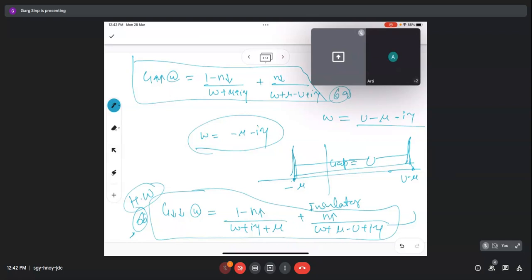And only some things are left for the Green's function. That is the definition of the self energy and how it appears in interacting or disordered systems, and then how to use the concept of Green's function to calculate certain thermodynamic properties of a system. That I will do in the next class. And after that, I will talk about the other linear responses like conductivity, susceptibility, etc. Okay.